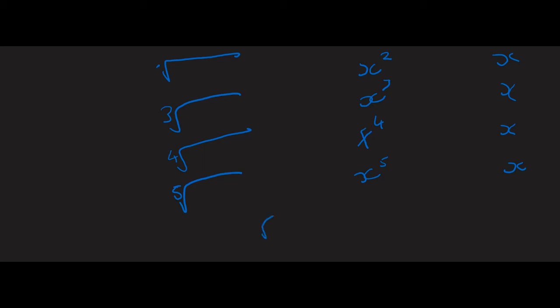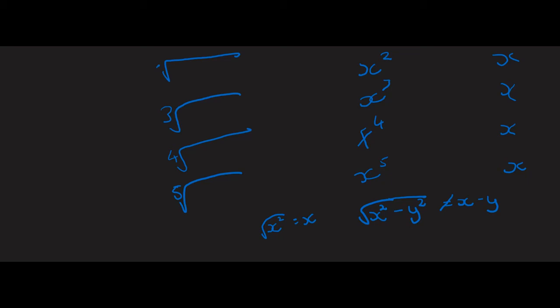Obviously root x squared is equal to x, but root of x squared minus y squared is not equal to x minus y. The reason for this is that x squared minus y squared is not a perfect square. As you learn in algebra pretty soon, if you want to make it into a perfect square where it's x minus y all squared, there's another term that you have to put in the middle.